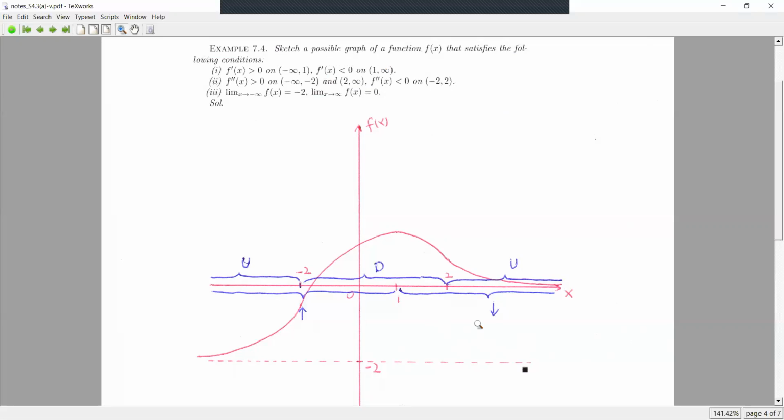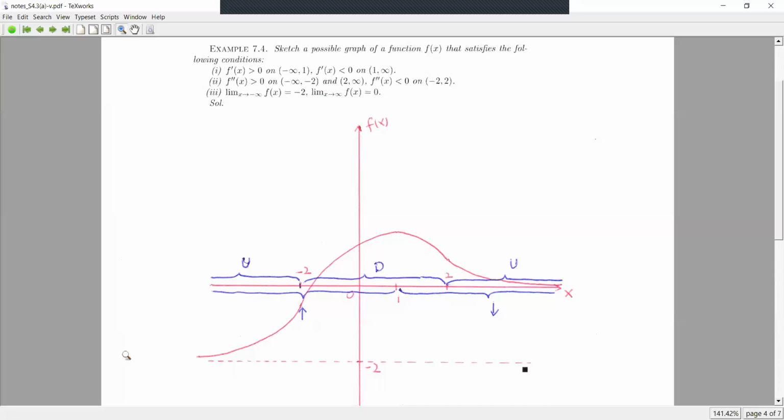Piece by piece. The first piece is negative infinity to negative 2. On this interval, the graph should be concave up and increasing, and this horizontal line is a horizontal asymptote when x approaches negative infinity.